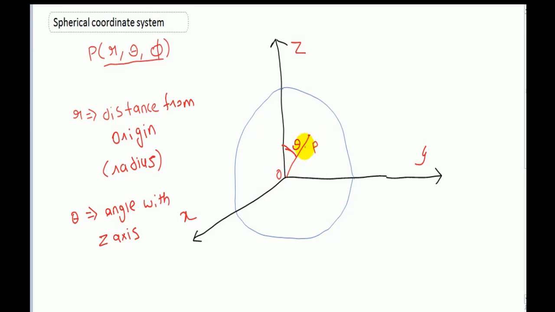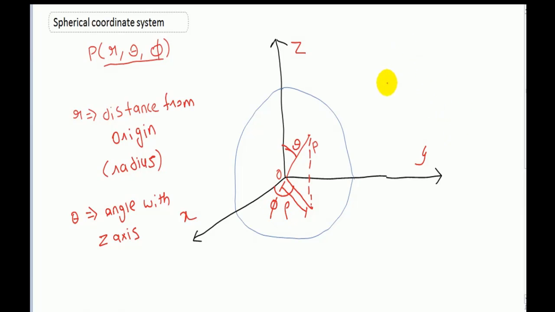If I project this OP on the xy plane, then this distance from here to here will be rho, and this angle with the rho will be phi.